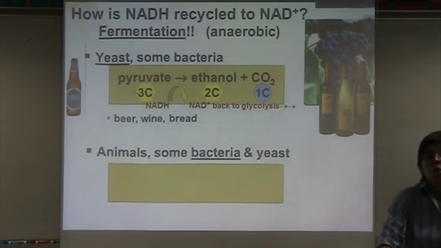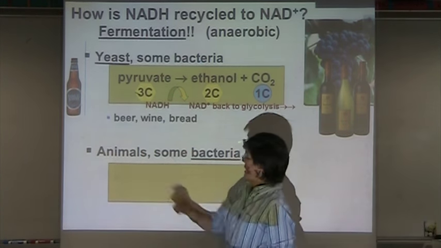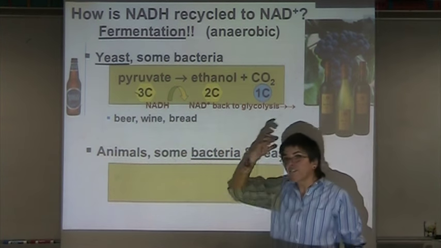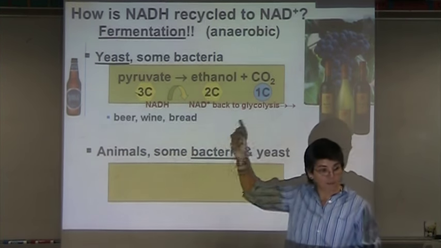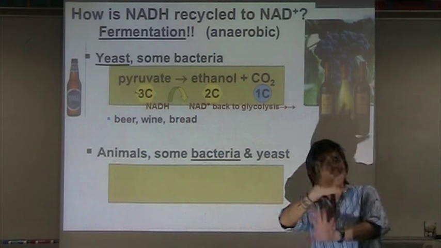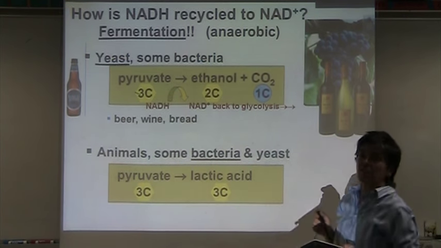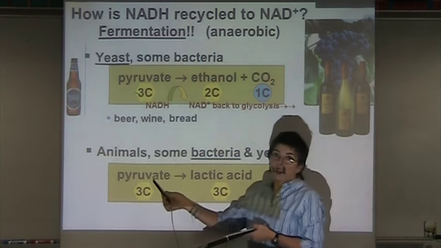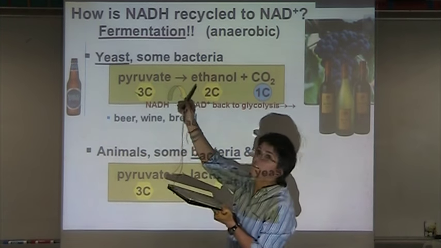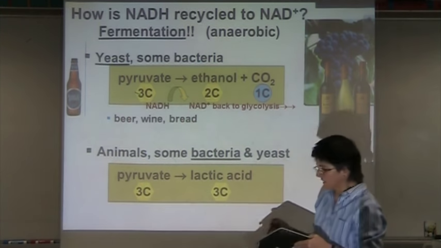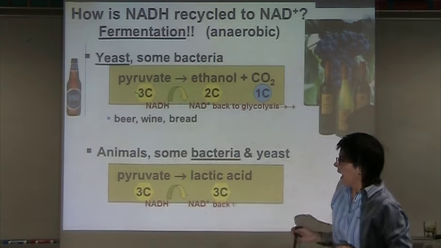Now, you, animal, me, animal, and some awesome bacteria, do a different type of fermentation called lactic acid fermentation. Because, again, we start with pyruvate. Notice, no oxygen. We start with our pyruvate.